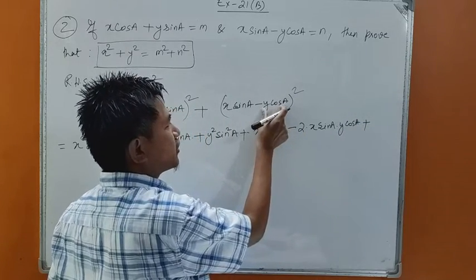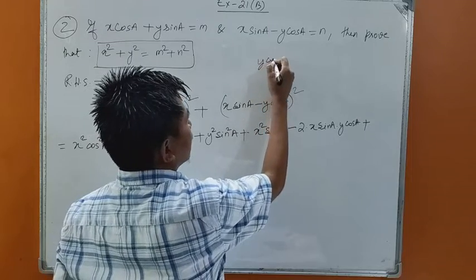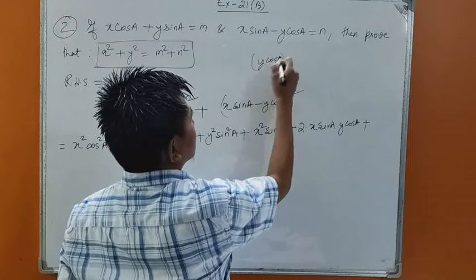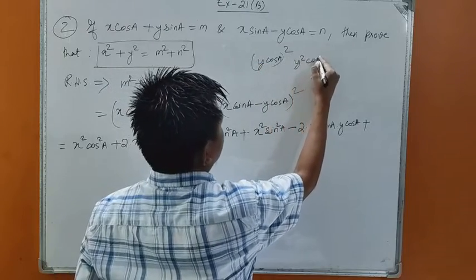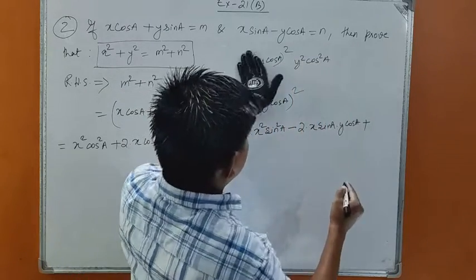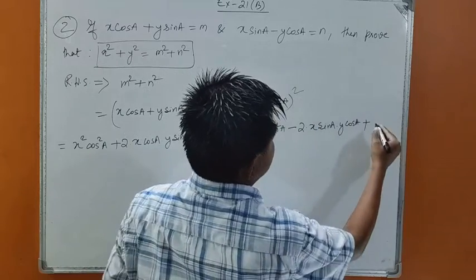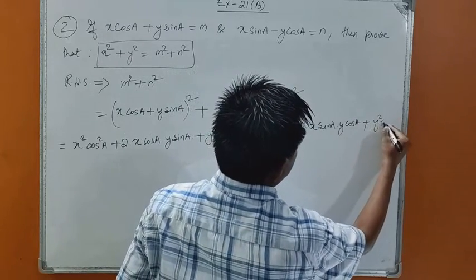The square applies to both numbers, so y square cos square a.